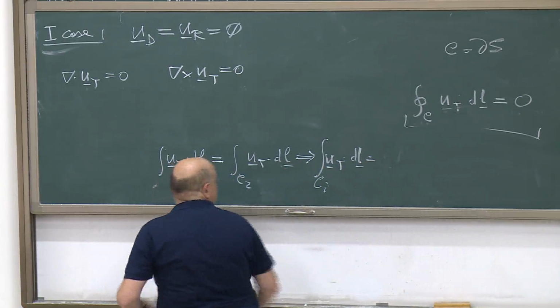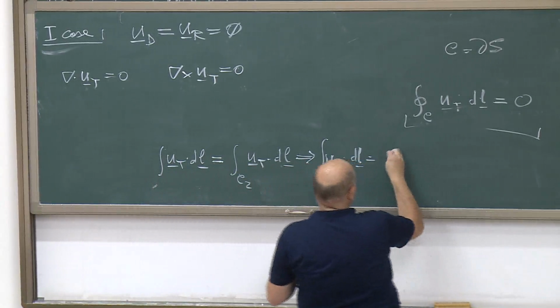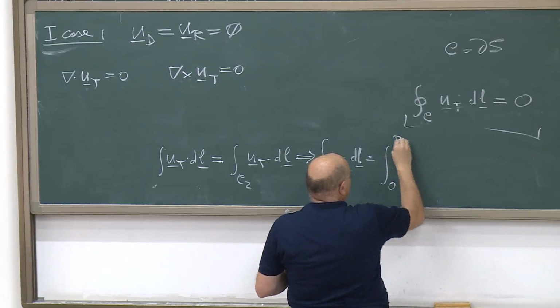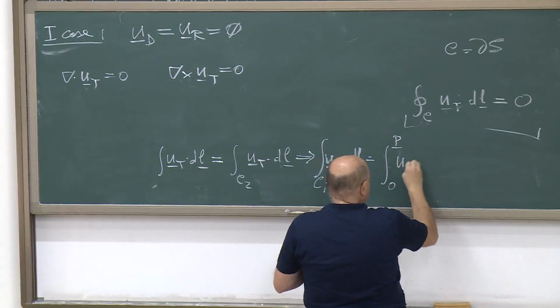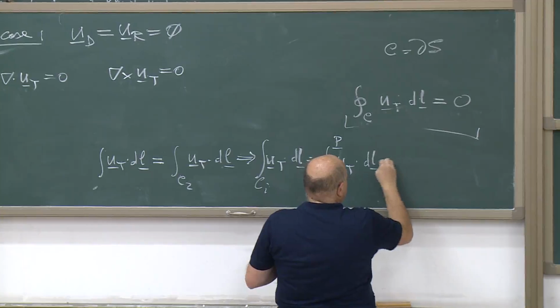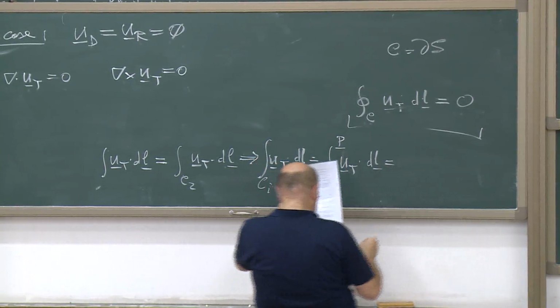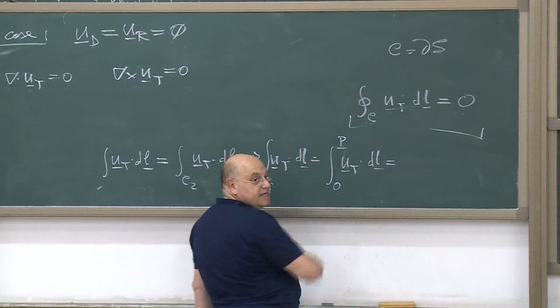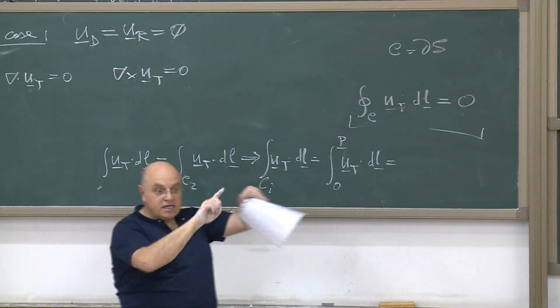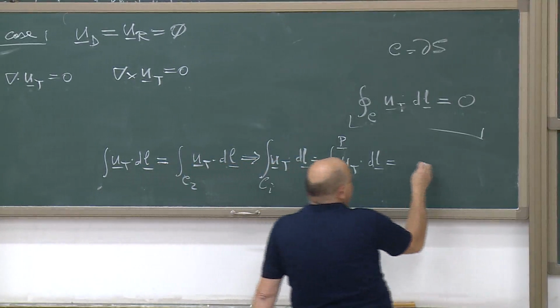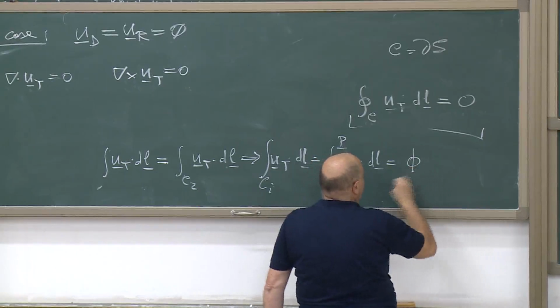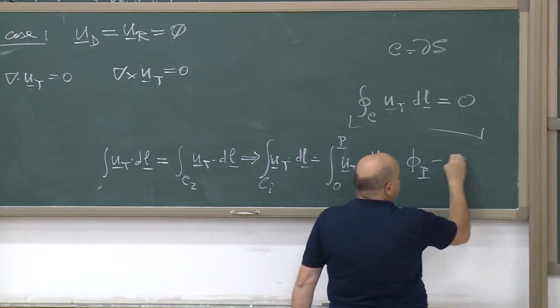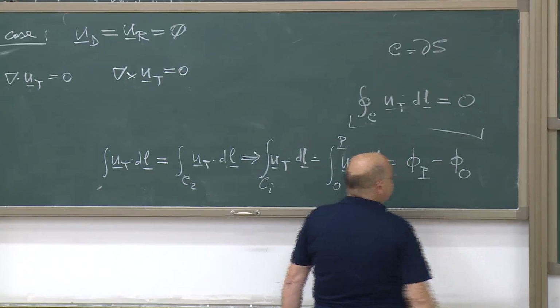The difference between a potential, so let me say from O to P, the integral of u·dl, whatever the path in between, depends only on the beginning and the end. Okay, I showed you that it's independent of the path. So I can choose a function phi at P minus phi at O.